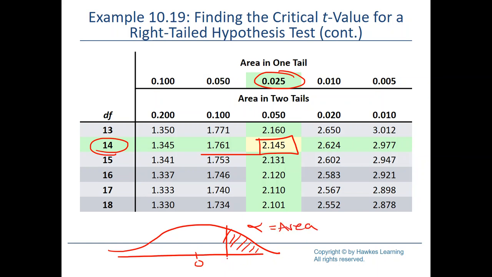But this right here, this t alpha, is that 2.145. And we know it's the positive version because it was a right tail. And this area under the curve is that alpha that we talked about, which is the 0.025.